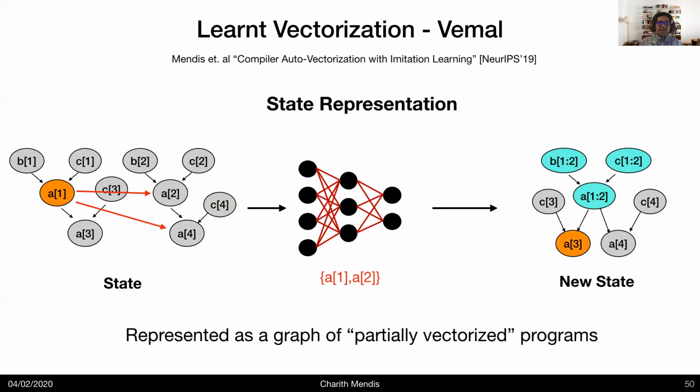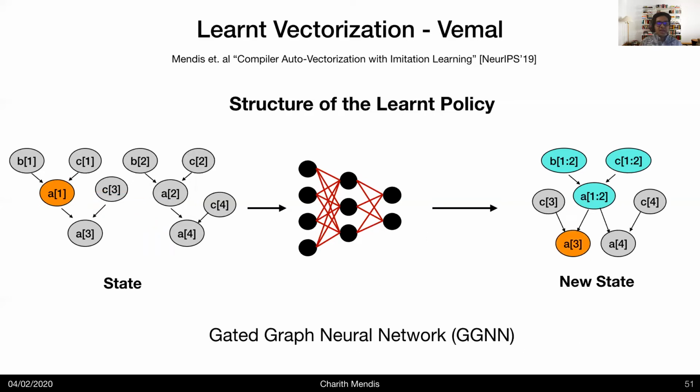And you can iteratively do this process by selecting the next node with vectorization opportunity. And since we represented our state as a graph, we are going to use a graph representation of a neural network known as a gated graph neural network.